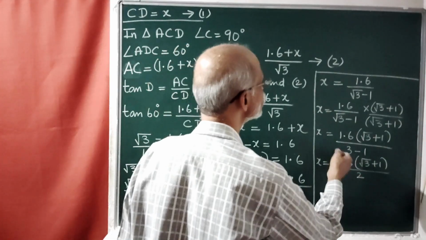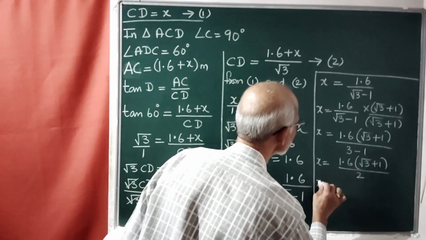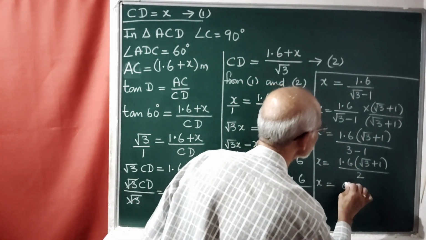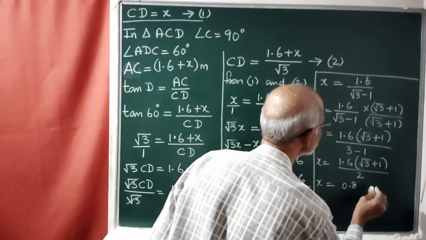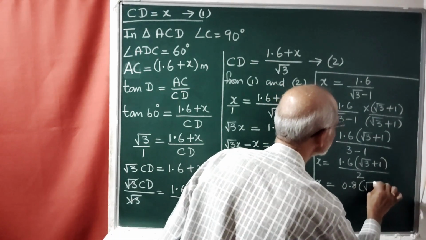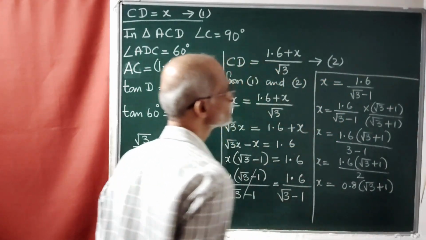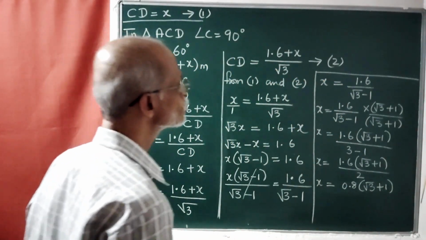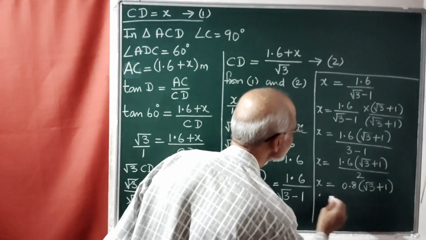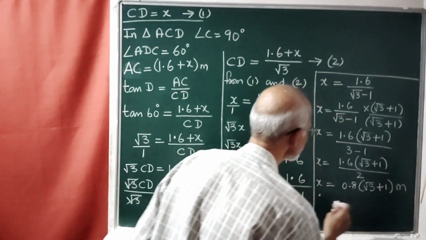Dividing by 2, x will be equal to 0.8 into root 3 plus 1, in meters.